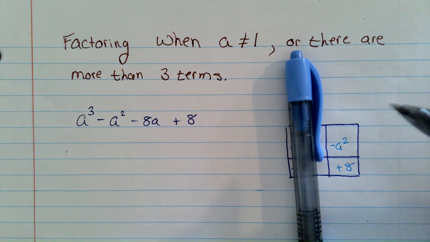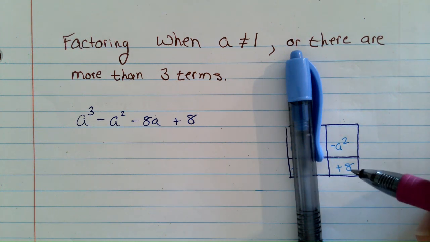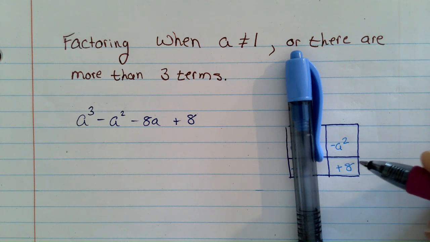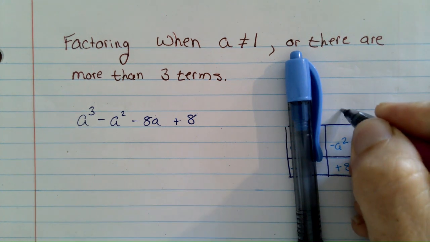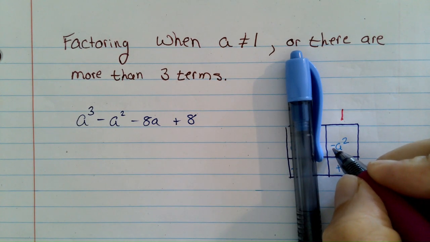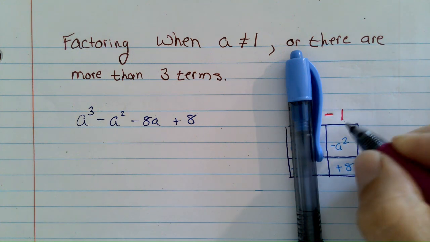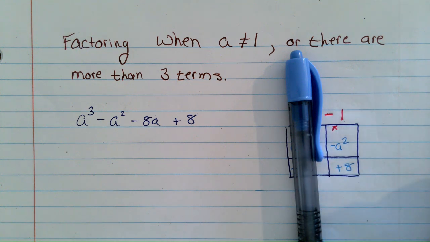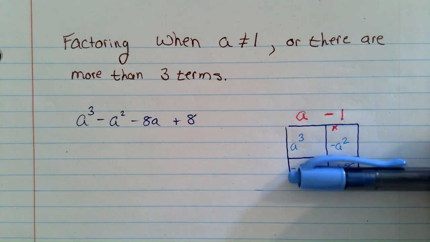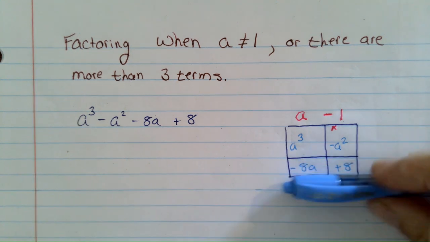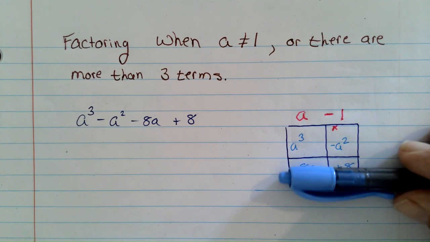Then I'm going to look over here. And I notice that they don't have anything in common. Anytime they don't have anything in common, everything has a common factor of 1. So I'm going to write that down. And since this box was negative, I'm going to put a minus right there. So the closest box is going to control our sign. Horizontally, when I look at this, I see an a cubed and an a squared.